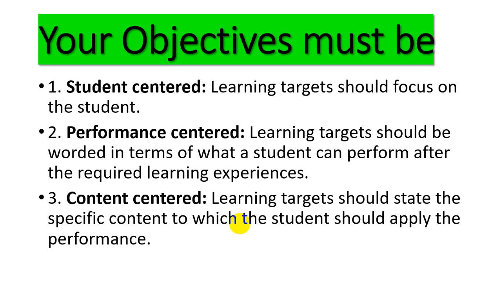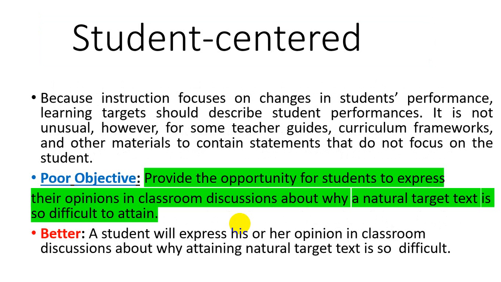content centered. Again, you should have content because the students will have a very clear vision about the application of this content to a new context, or they will be able to know the information in a context. So again, they will focus on the change in the student's performance. Learning target should describe the student's performance.